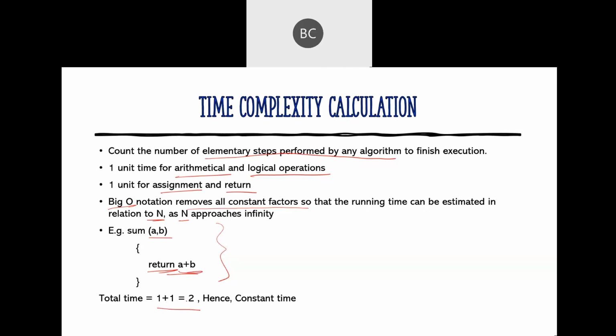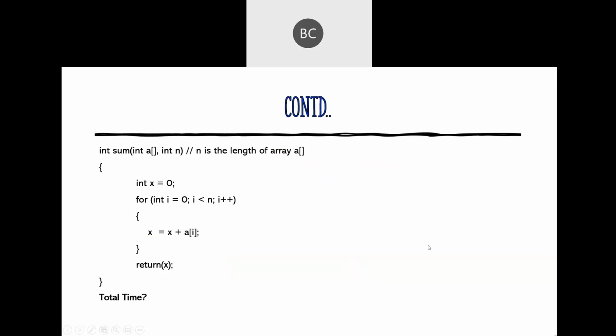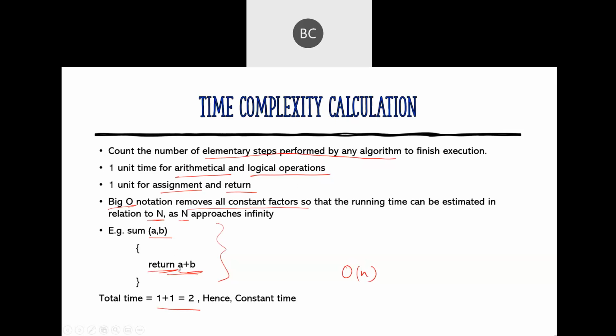It will take 2 units of time, and it's a constant time, so you can just represent it as O(1). This previous one is very simple: there are just two operations, return and the arithmetic operation a plus b, so the total time is 2 units. It's a constant time.